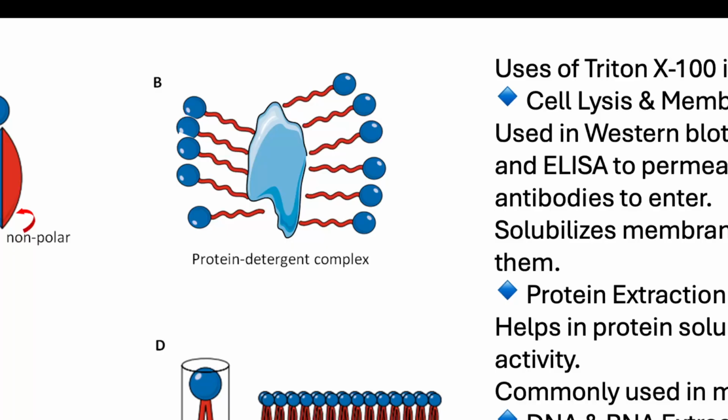Whereas paraformaldehyde is used for cross-linking or fixing, killing cells, preserving the cells in their pristine state. So the correct answer to this question is Triton X100, which is a surfactant or a detergent.